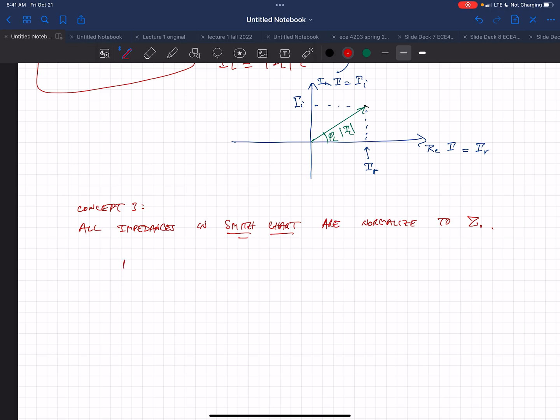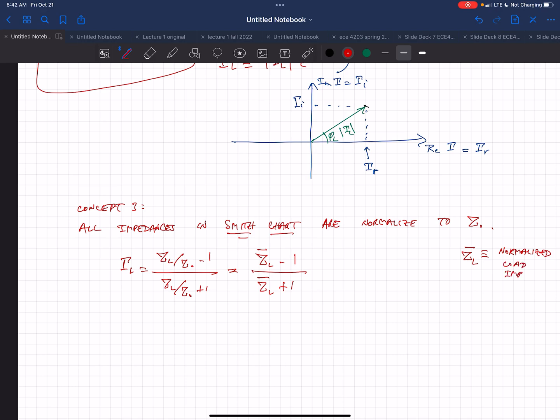For example, if I rewrite gamma sub L when it's normalized, it'd be z sub L over z sub 0 minus 1, over z sub L over z sub 0 plus 1. I'm going to call z sub L over z sub 0 z sub L bar, the normalized load impedance.